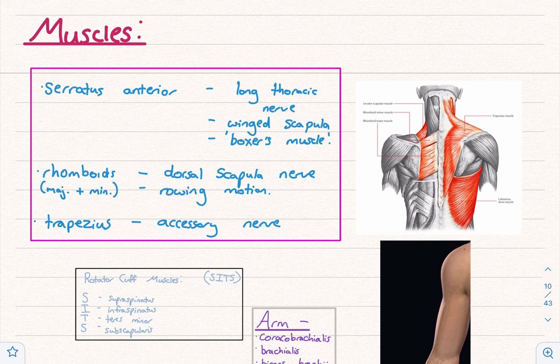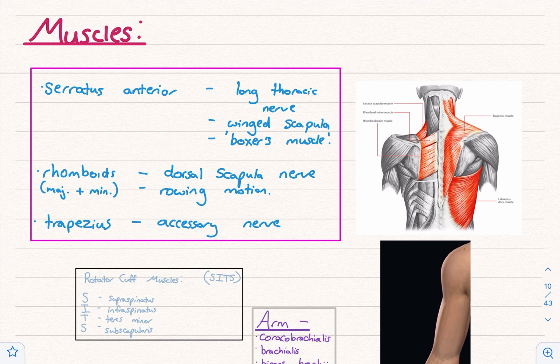It's supplied by the long thoracic nerve, which is near the axilla, near your armpit. If you spread your fingers out, that's kind of what serratus anterior looks like. If you Google an image, you'll see that it looks in that shape.